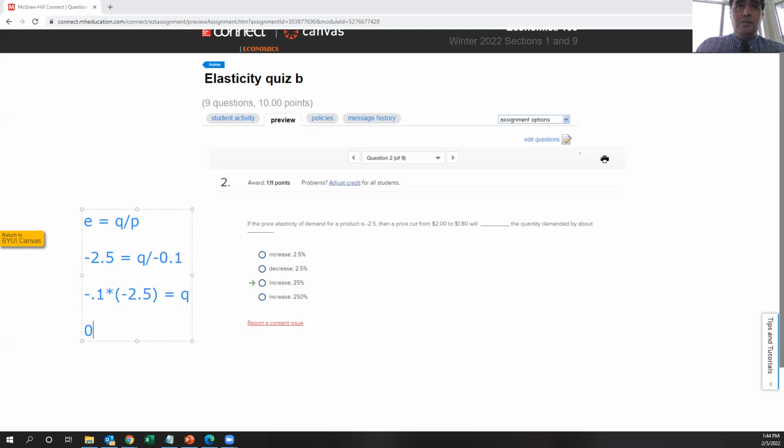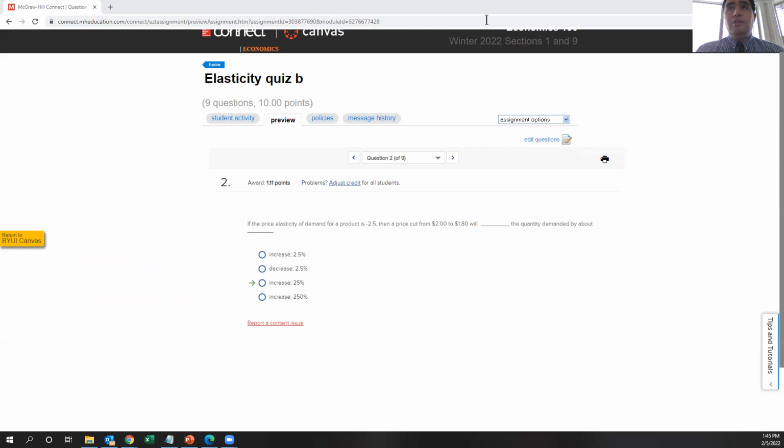And so we get a positive 0.25 equals %ΔQ. And that's a positive, so it's an increase. So it will increase the quantity demanded by about 25% because 0.25 is equal to 25%. And there's the answer for the second question on the quiz.